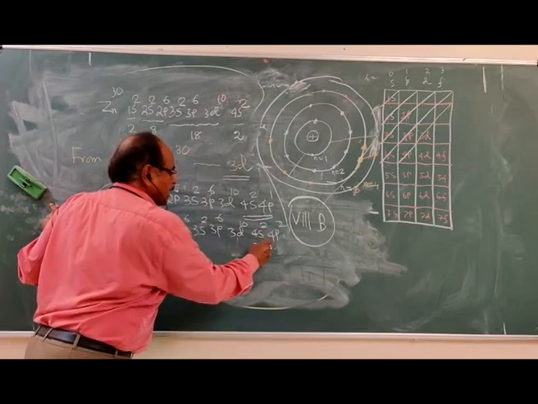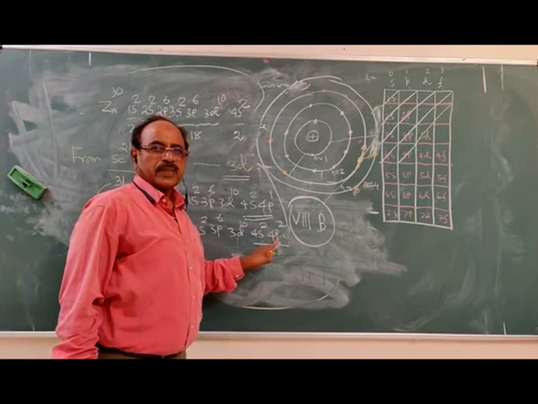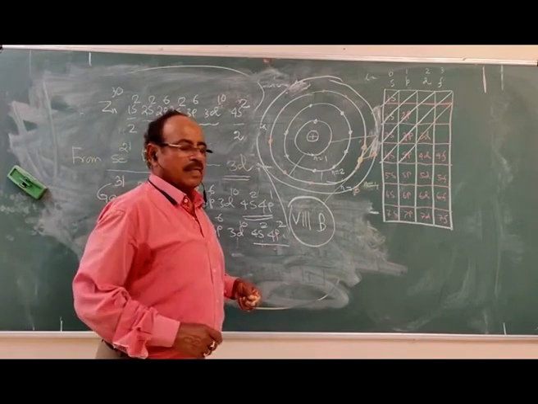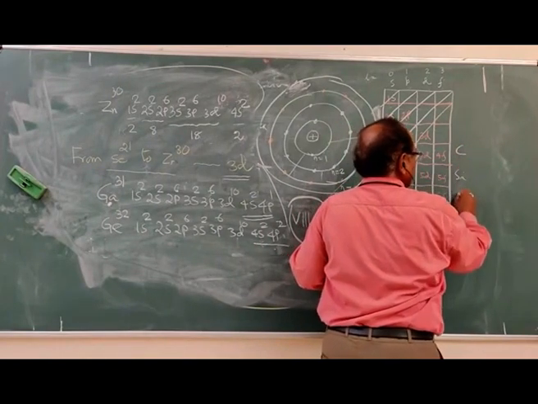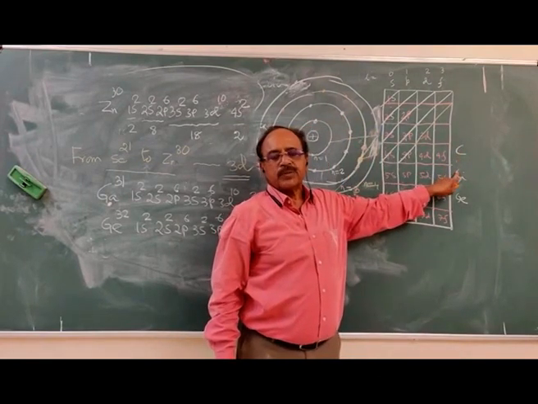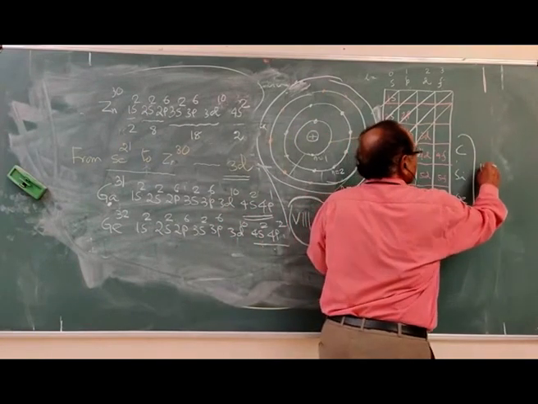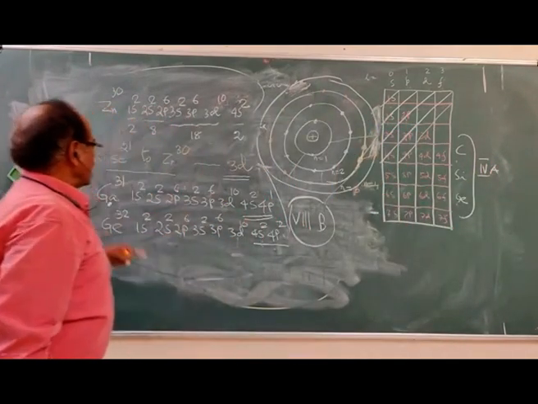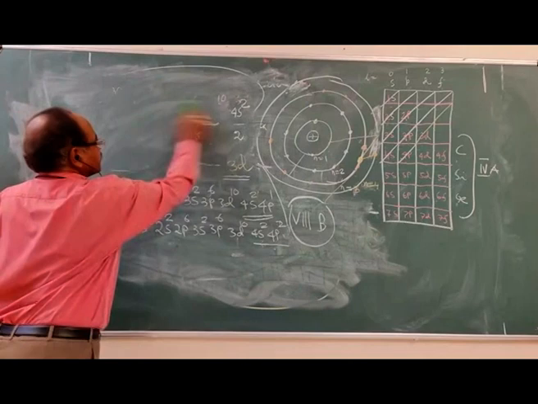Now children, you see, carbon has 2s2, 2p2, silicon has 3s2, 3p2, and germanium has 4s2, 4p2. So all these elements are placed in the 4A subgroup of the periodic table. And germanium and gallium are normal elements. Now after germanium comes 33, arsenic.